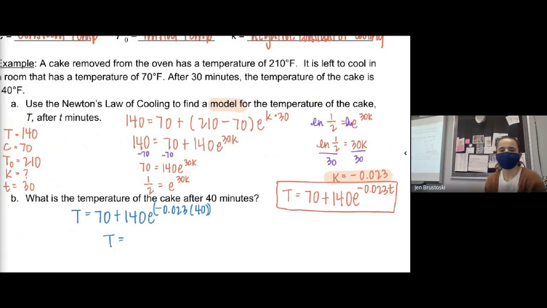What do you get? You're good. So we'll round that to 126 degrees Fahrenheit.